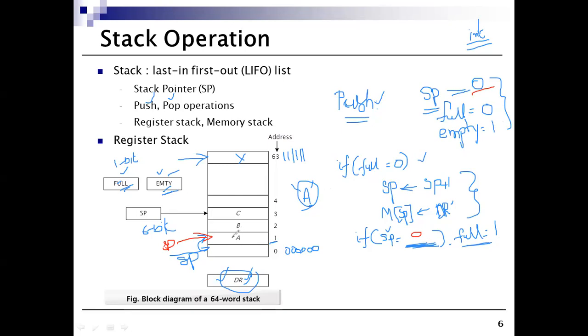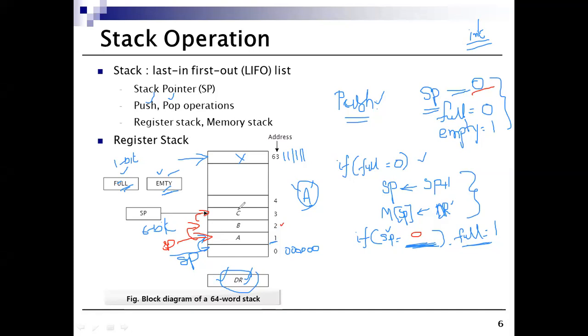So for the first push operation, your stack pointer is here. For the next push operation, SP is incremented to 2 and loads the contents. For the next element, again SP is incremented and loads the new element. So every time the stack pointer is pointing to a filled location in this organization.